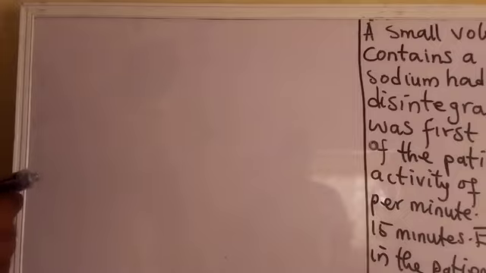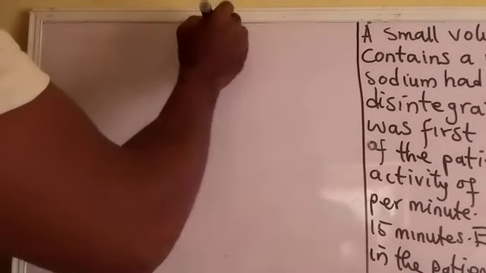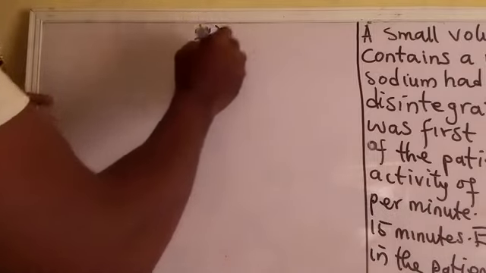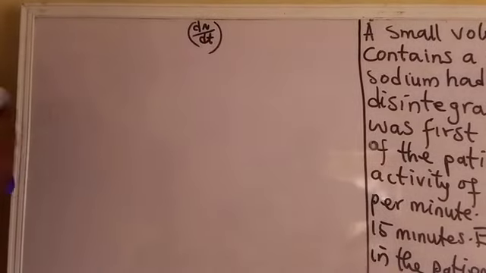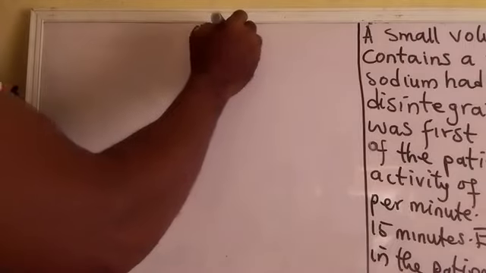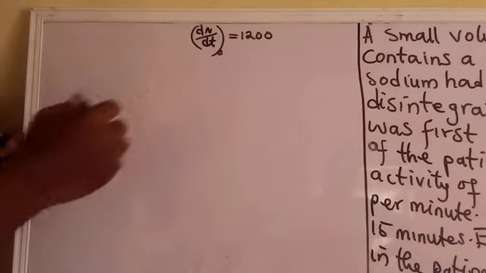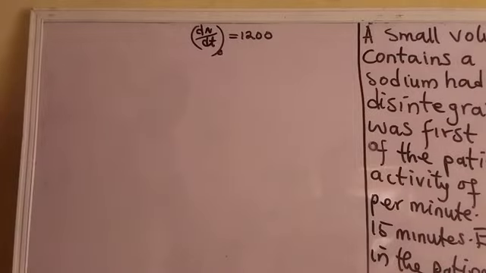This sodium isotope had activity of 1200. I can write that as dN over dt, because it was when it was first introduced into the patient's blood. I'm going to take that as the initial disintegration, and we're told it was 1200.